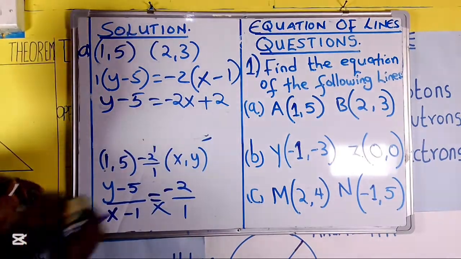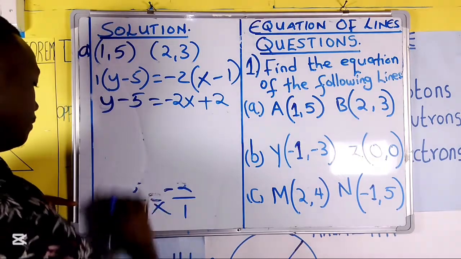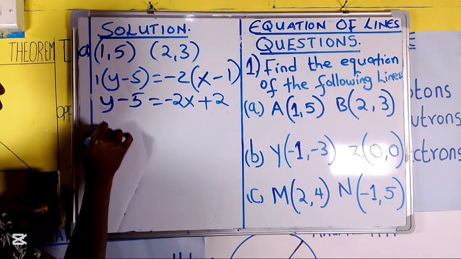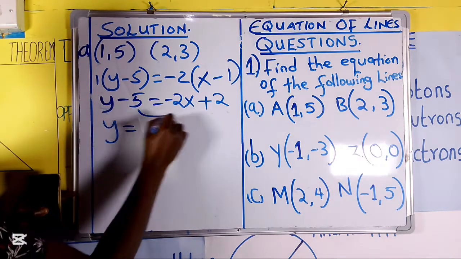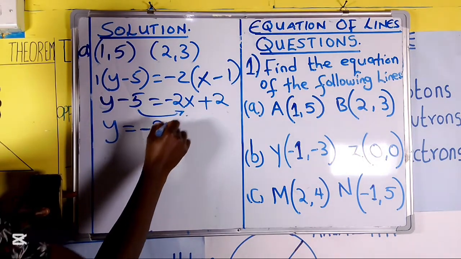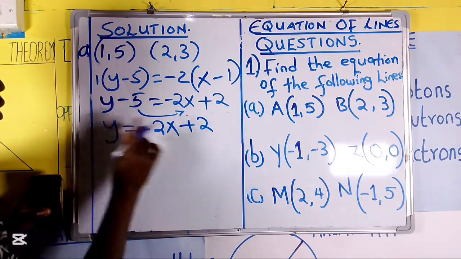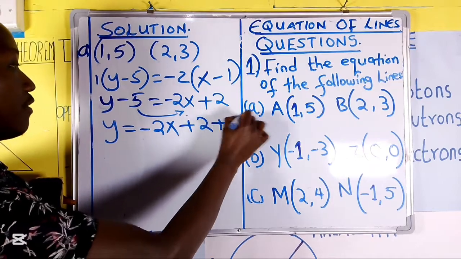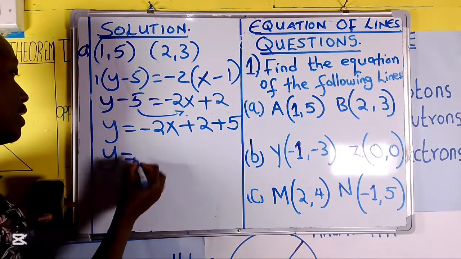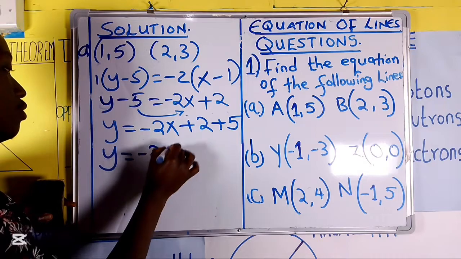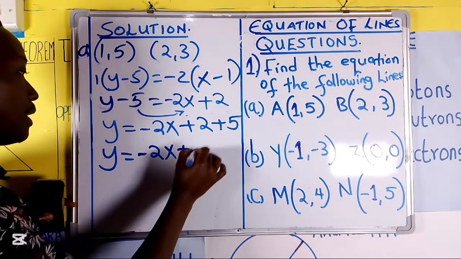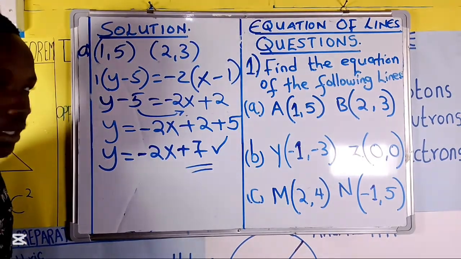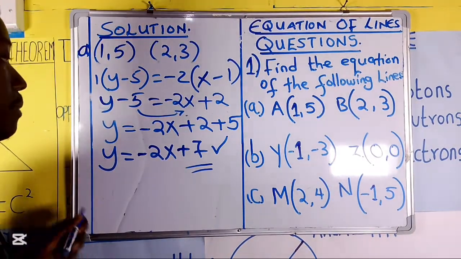Then we put the like terms together, and that will be y is equal to minus 2x plus 2. When we take negative 5 to the other side of the equal sign, it is going to be plus 5. That will give us y is equal to minus 2x plus 7, and that will be the equation of line AB.